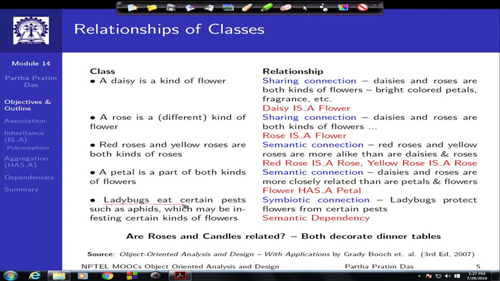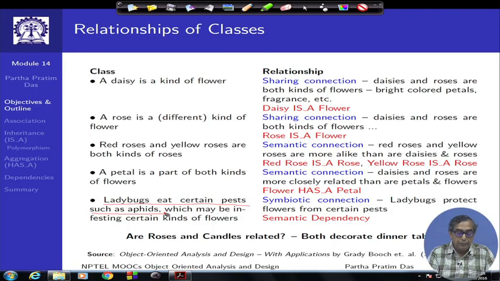Finally, in the fifth statement, you have a relationship where it says ladybugs eat certain pests such as aphids. If we look at these two classes, ladybugs and aphids, there is no earlier kind of relationship of one sharing the properties of the other or being similar to it, or one being a part of the other and so on.